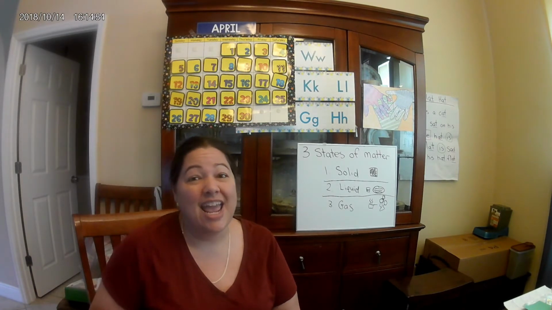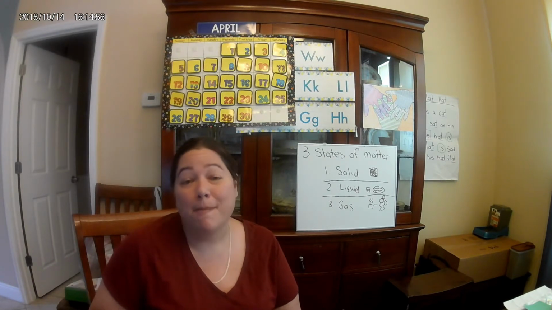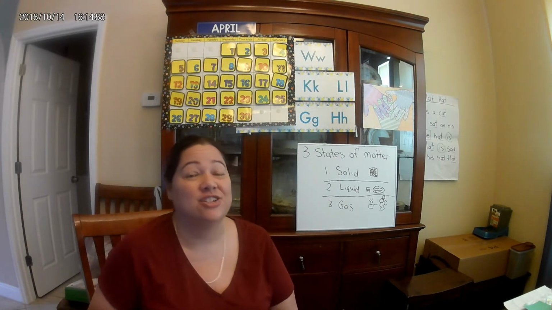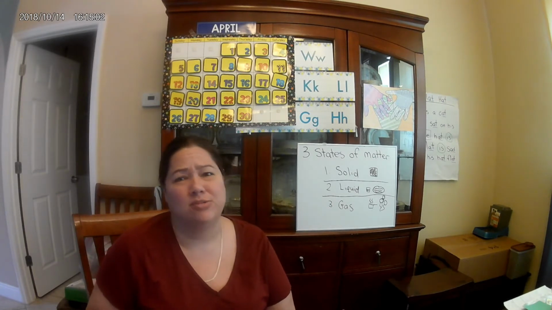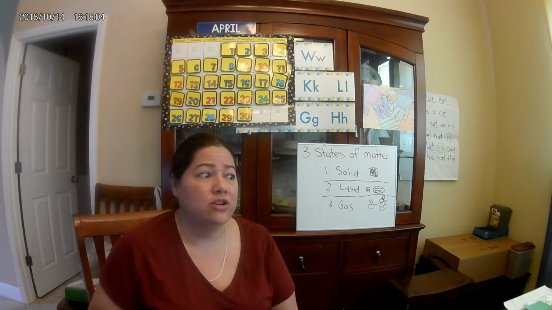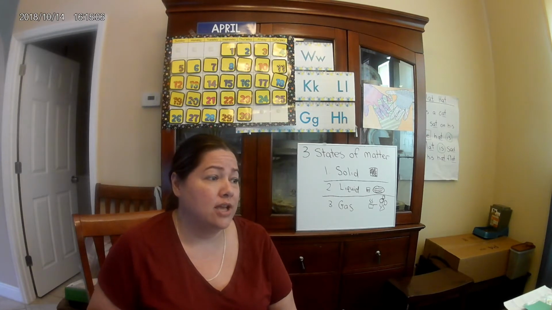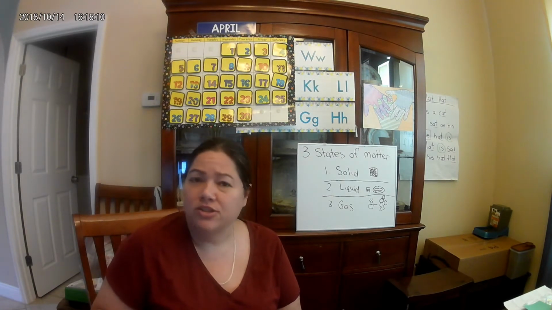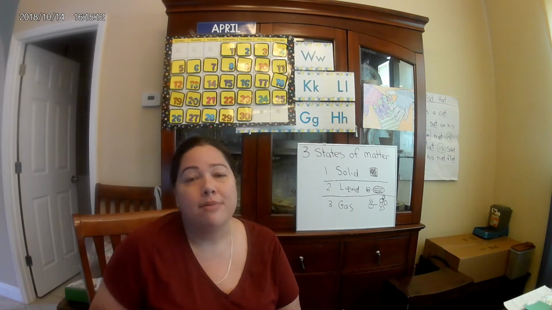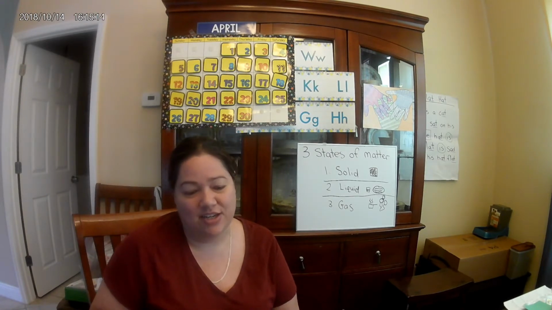Both reading and math. We learned our numbers, we learned our letters and their sounds. We learned how to count and add and do some subtraction. We learned how to do some sentences and some sight words. And we'll still focus on some of that as well. But we're going to start doing some science in here as well.